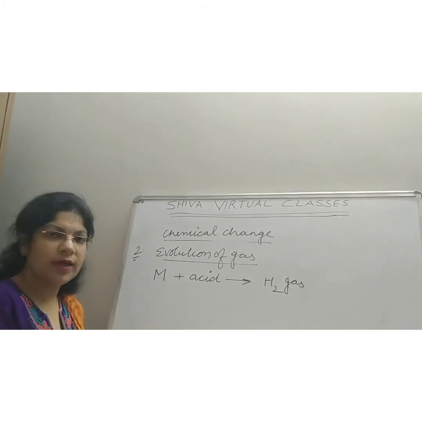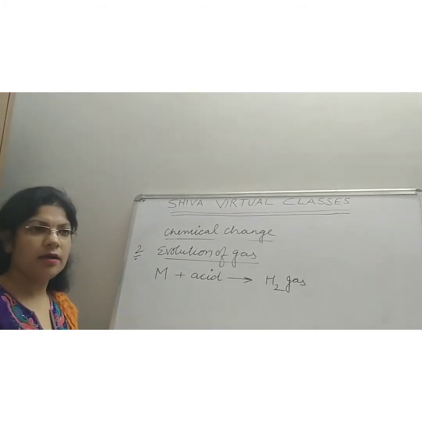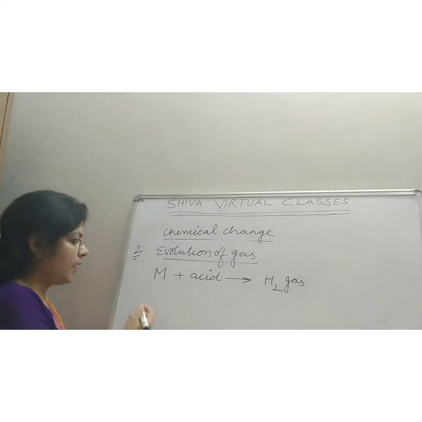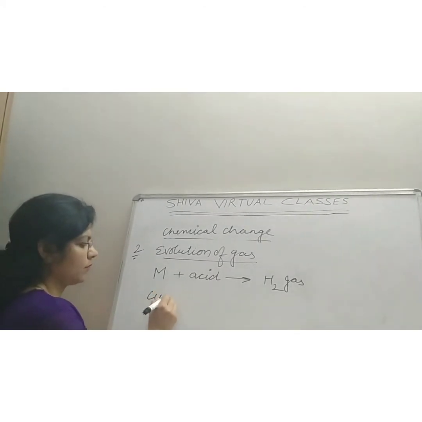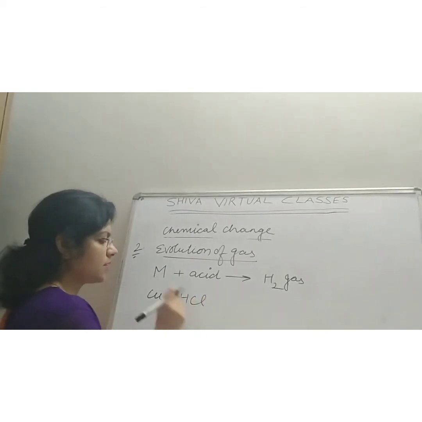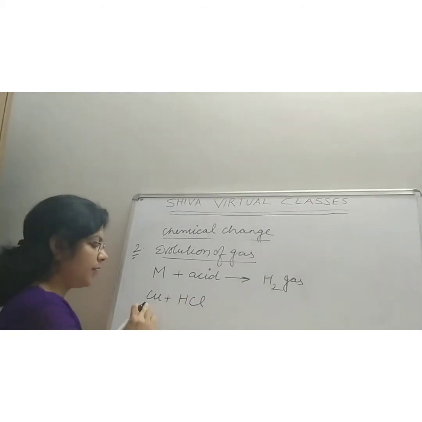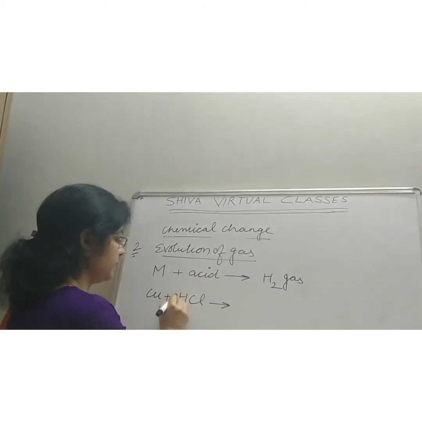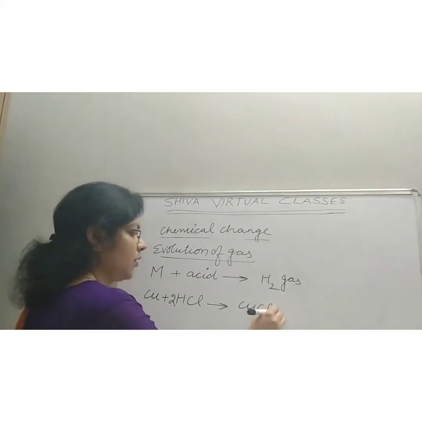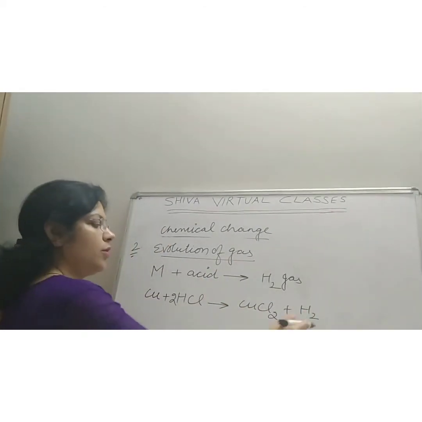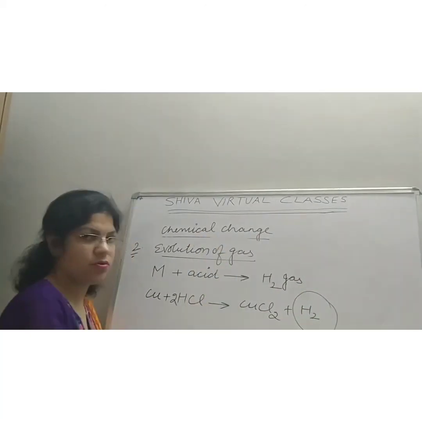Metal, you can take any metal, iron, aluminium, silver, gold, copper, any metal. When it reacts with acid, or when acid is added to the metal, it produces the substance along with the hydrogen gas.